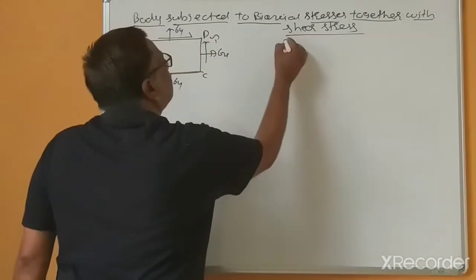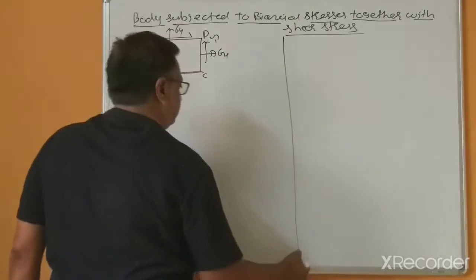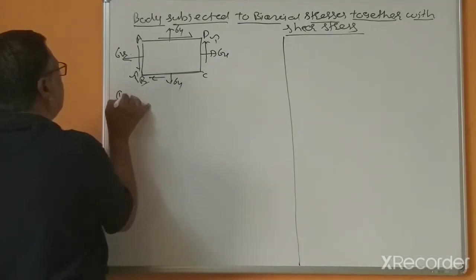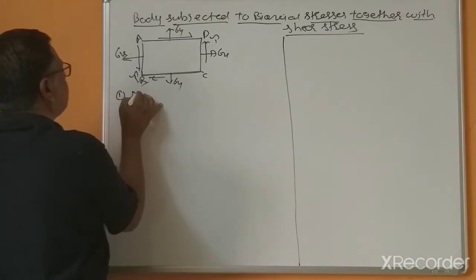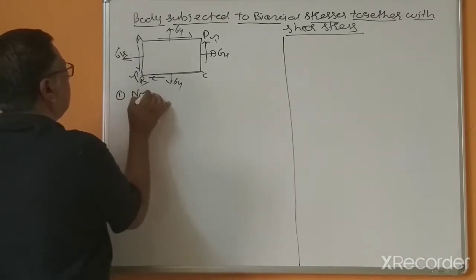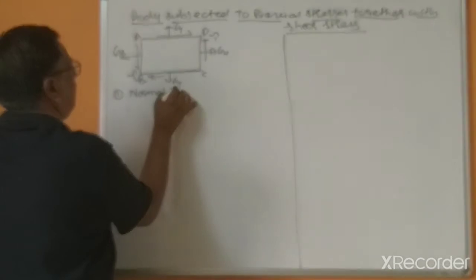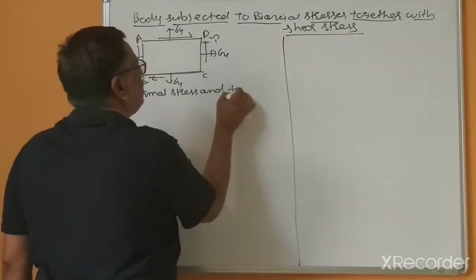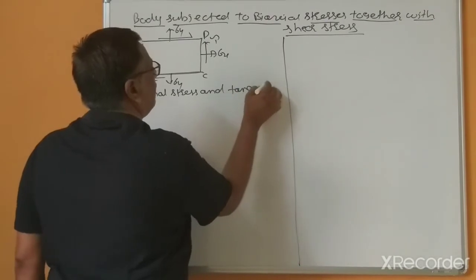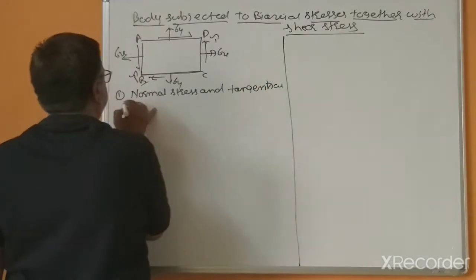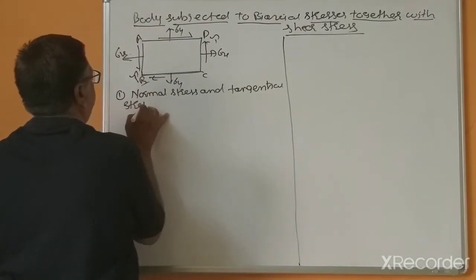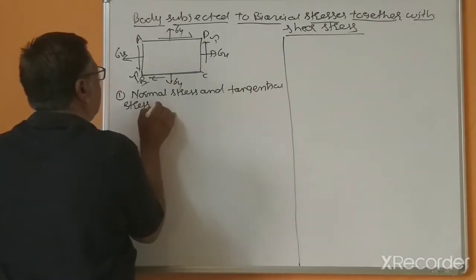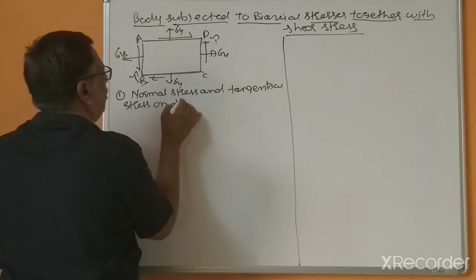So first, you see the normal stress and tangential stress on an oblique plane.